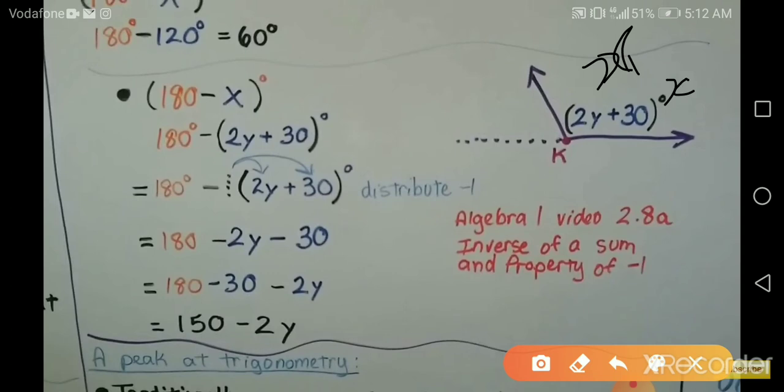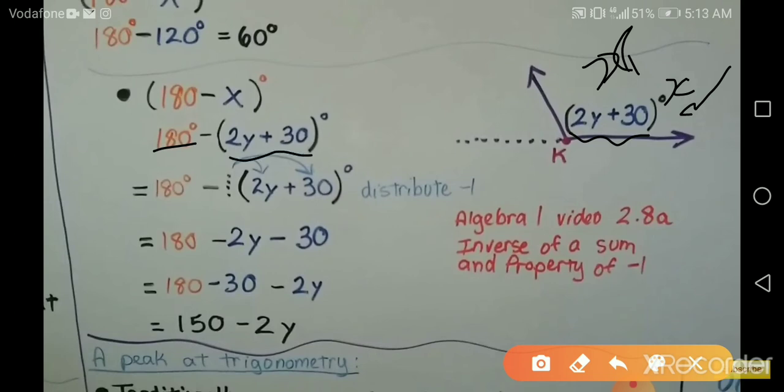So x equals 2y plus 30. I will substitute 2y plus 30 instead of x. So 180 minus (2y plus 30).